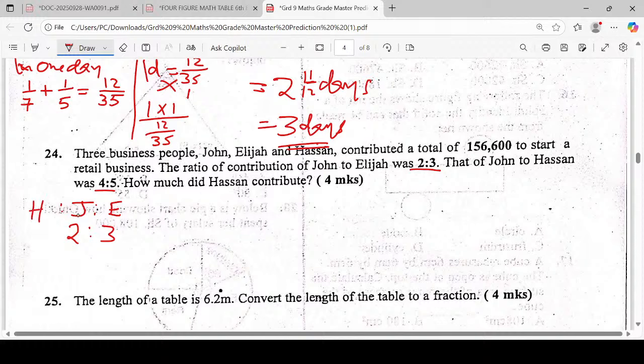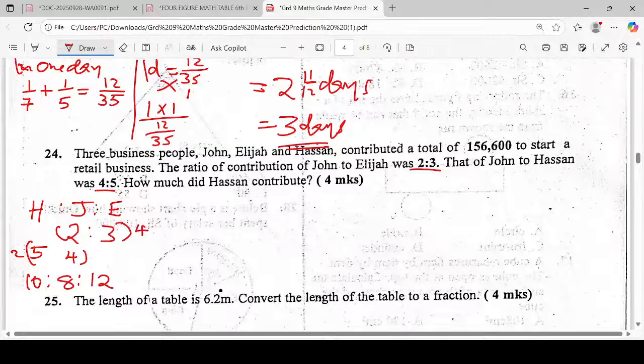John now to Hassan is, John is 4, Hassan is 5. So I want first to get the ratio of their contributions. I'm going to multiply the lower one by 2, the upper one by 4 to make them equal. So this will be 10 ratio 8 ratio 12. That is the ratio of contribution of Hassan to John to Elijah.